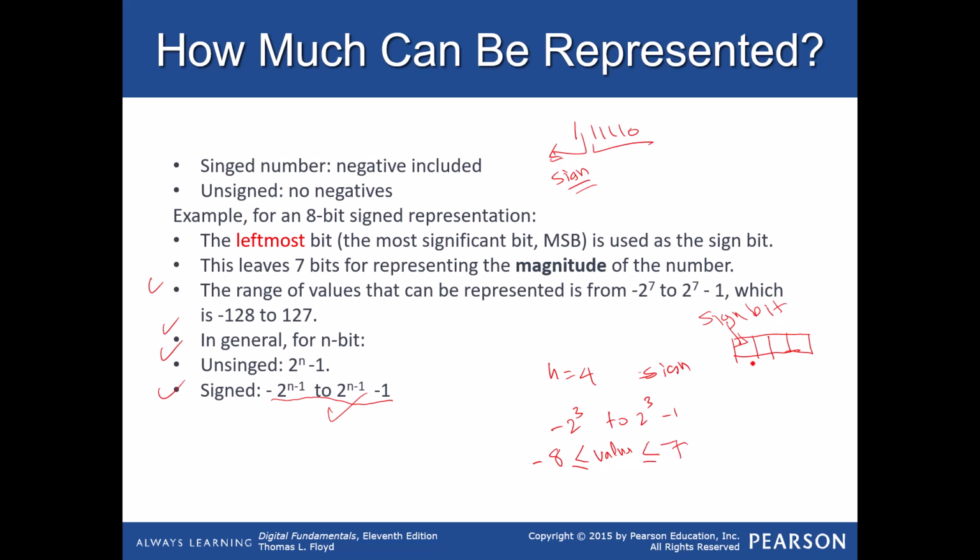But if you don't care about the sign, then I can use them all. So let's say I don't care about the sign, then I represent 2 to the 4 minus 1, which is 16 minus 1 is 15. What that means is I can represent from 0 to 15 if I don't care about the sign.